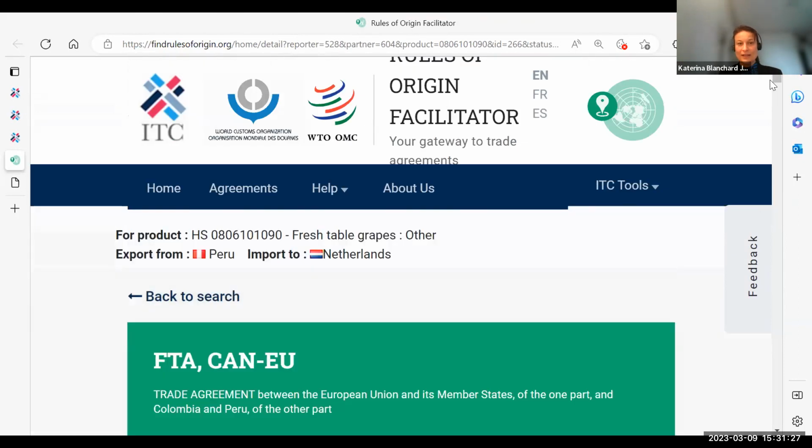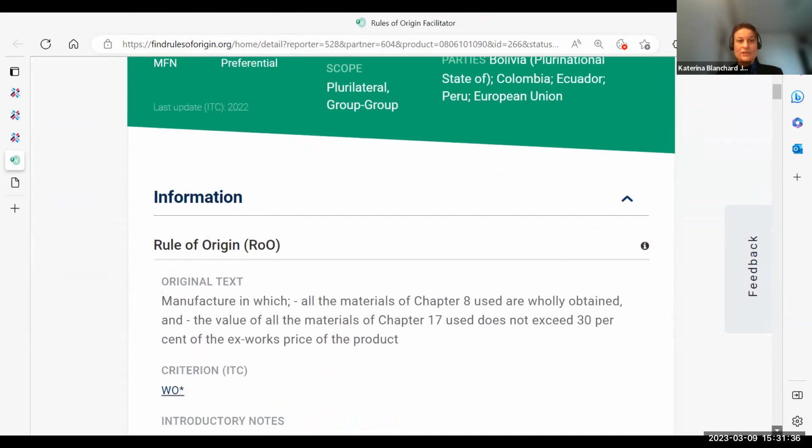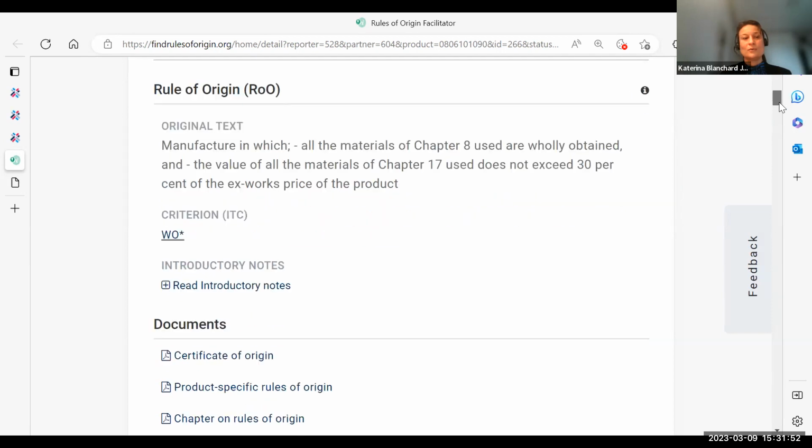It takes a while to upload, but here we have very synthetic information related to the rules of origin. This tool tells us that in order to comply with the criteria, the product would have to be wholly obtained in Peru. So obviously the grapes would have to be grown in Peru.